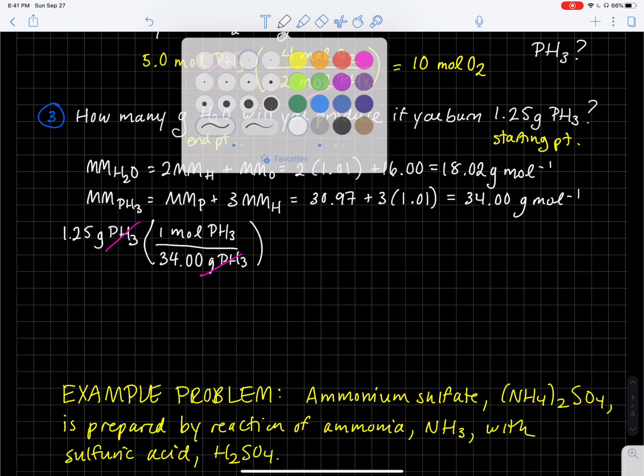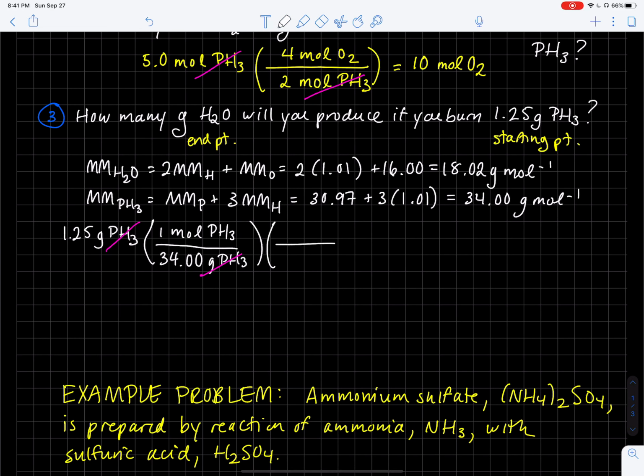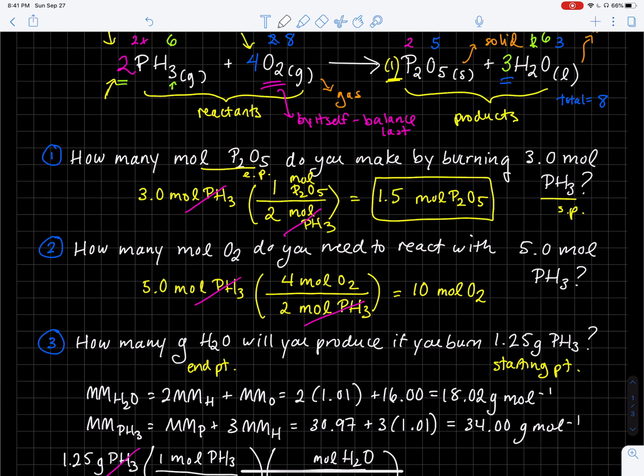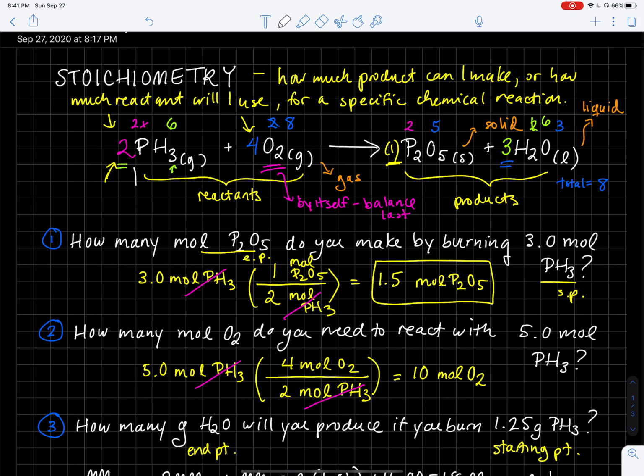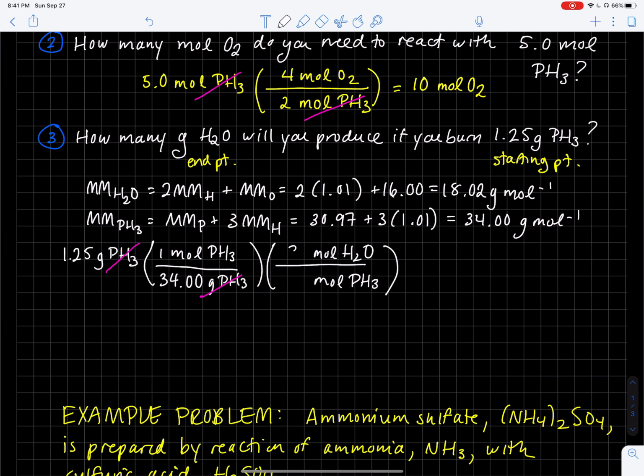And now I can get rid of moles of phosphine by changing it to moles of water, which is what I'm after. I'll scroll up to remind myself what the mole ratio is. I have 2 moles of phosphine for every 3 moles of water. 3, 2. So my moles of phosphine have now canceled.